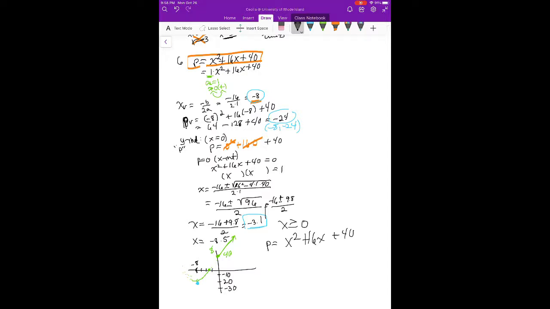And what we want to know is what is the price per unit if we're willing to make 2,000 units. So the price when x equals 2,000. See what I did? I just wrote this again, but focusing on that it's a function. So I can have an input, and then I'm going to calculate that. So it's 2,000 squared plus 16 times 2,000 plus 40.